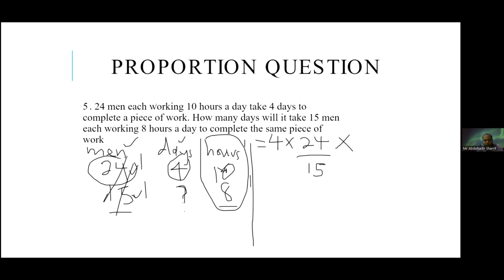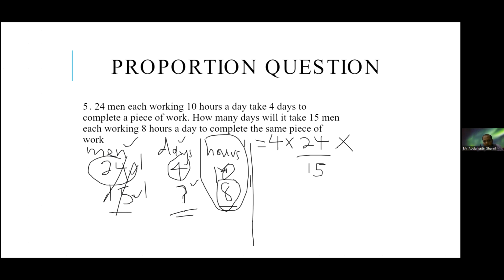What happens if a man takes 4 days to accomplish a 10 hours job? So how about the same man, if he takes 8 hours a day, will he take more days or less days? If he usually uses less hours in a day, then it requires more days to accomplish the job. But if he had more hours, then he just takes less days. For this question, we need to find more days.